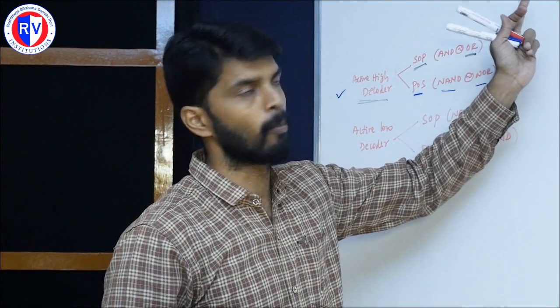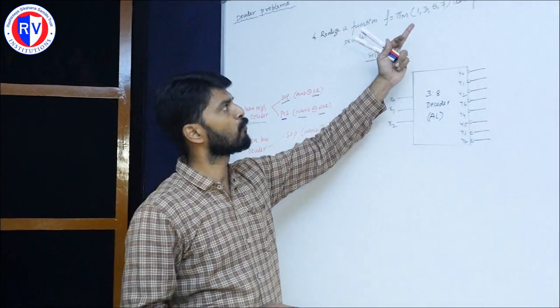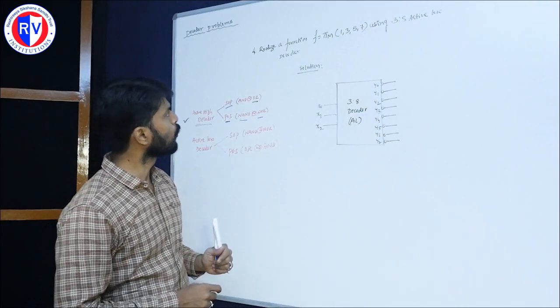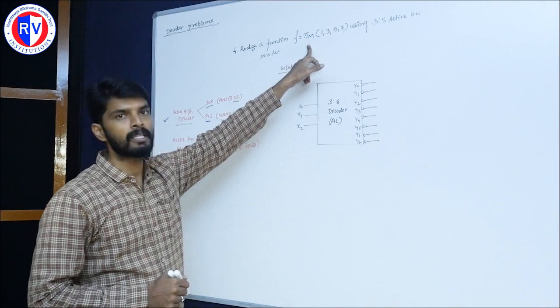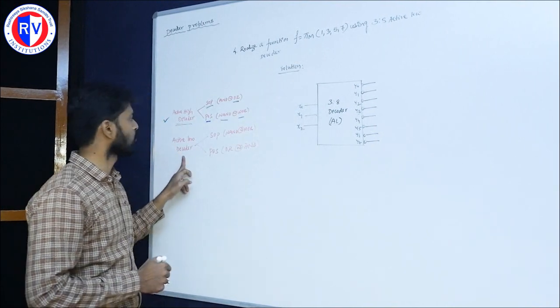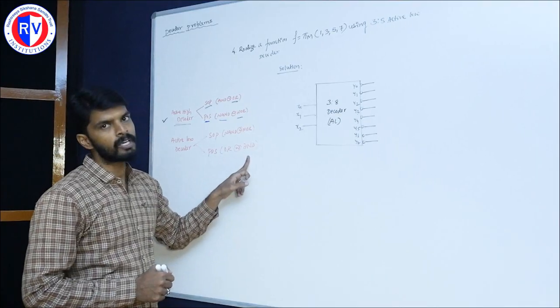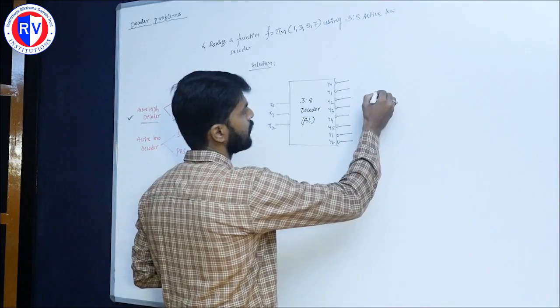This is the fourth problem. Now we will realize a function f equal to pi m of 1, 3, 5, 7 using 3:8 active low decoder. Using active low decoder, I want to realize the POS equation. This is the active low decoder. If I want to realize the POS equation, obviously I need to use an AND gate. So straight away here I will use an AND gate.